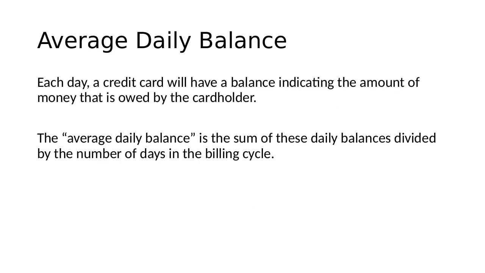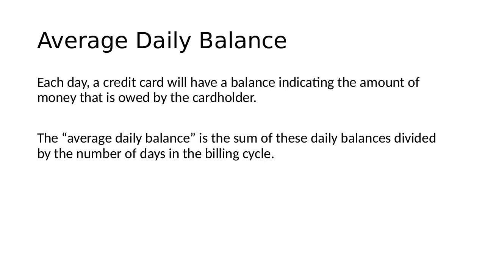The average daily balance. Every day that a cardholder has a credit card, there's either purchases or payments, and the balance is going to fluctuate. It's going to change. But every day, at the end of that day, there is going to be some sort of a balance, whether it's $0, $100, $500, whatever it might be. And the credit card company keeps track of this balance on a daily basis.